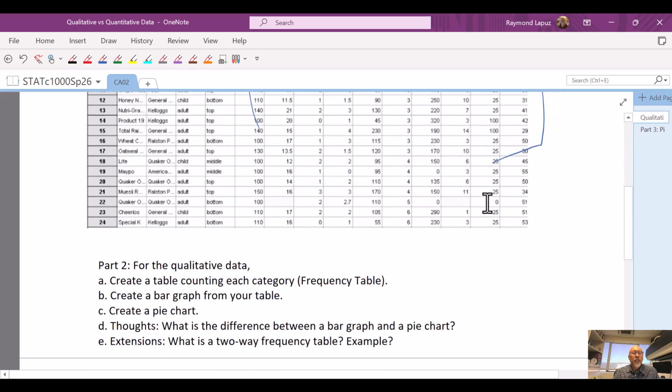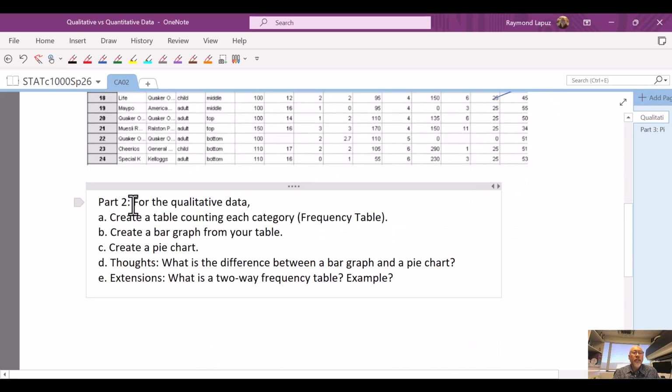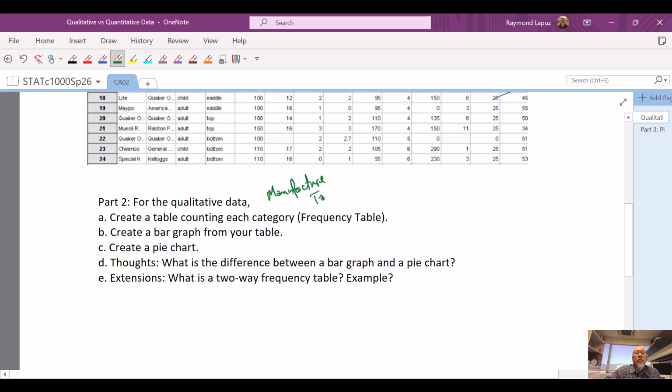The next question is asking us for the qualitative data that we have here, and we've identified 3 of them. Right, we've identified for the qualitative data the manufacturer, the target, and the shelf.